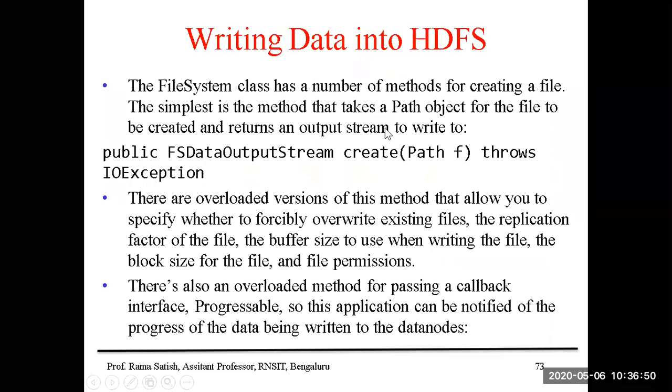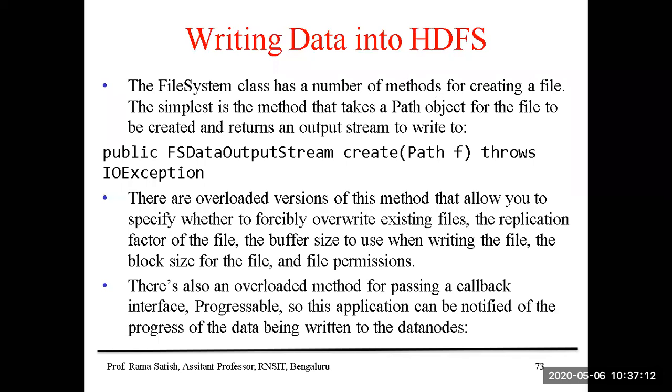Okay. So for this, one very important thing that you should understand is that there is a function called the create function. This create method is associated with the file system data output stream. What exactly is a file system class?